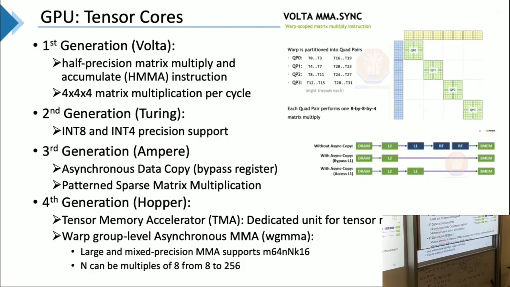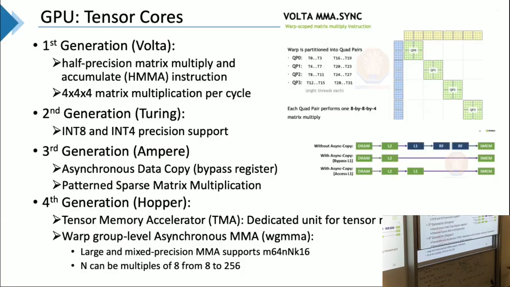So this tensor core is designed to accelerate sparse matrix multiplication, leveraging it to only perform the valid computation. And we will come back to this topic later.